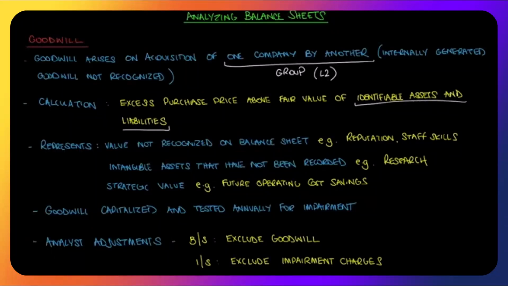Because remember, there's going to be lots of assets in there that they have not recognized because they're internally generated. If they have a good customer list, for example, they've internally generated it, it's not on their balance sheet. But when you buy them, if you've done your due diligence, you know that customer list exists, part of the price you're paying is to get hold of that list. That's not goodwill. You have to recognize that customer list as part of the acquisition price.